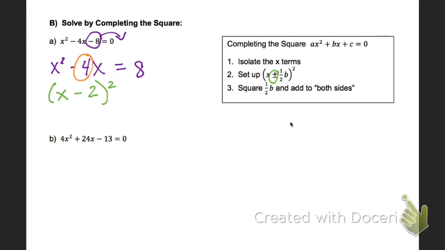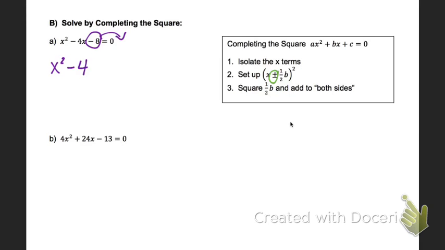Where did the 4x go? So the long way, these notes are kind of interesting. I think I'm going to show you the longer way, and then I'll show you the shortcut, because I feel like it's confusing if you don't know the long way first.